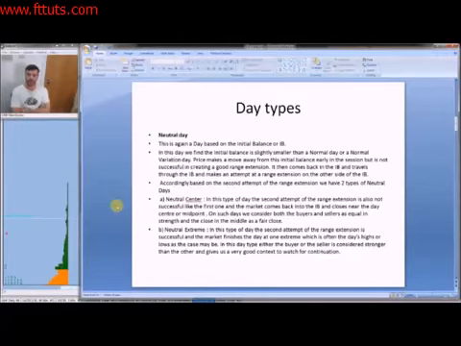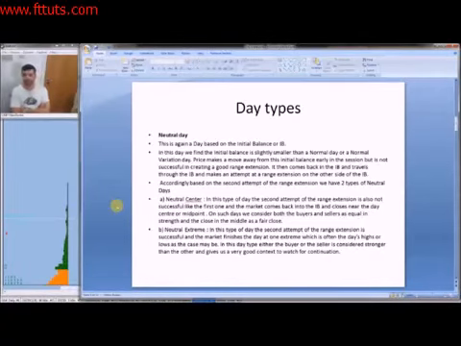The market then comes back into the initial balance. It travels through the initial balance and then makes an attempt at a range extension on the other side of the initial balance. Accordingly, based on the second attempt of the range extension, you have two types of neutral day.